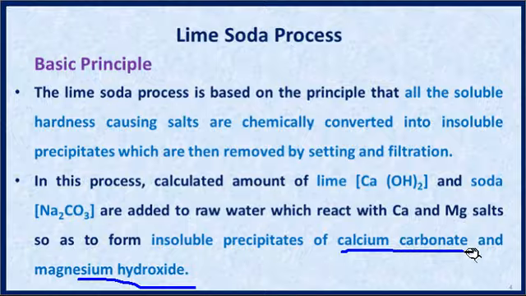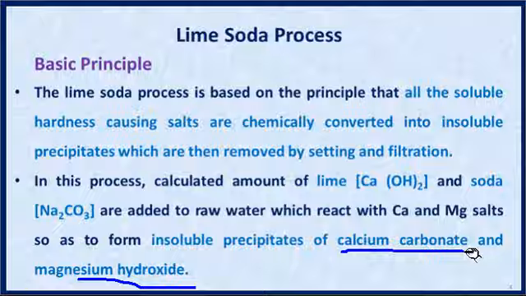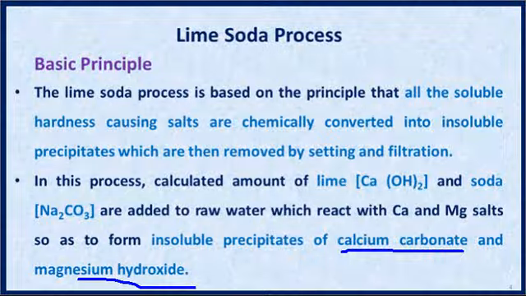So in this way, all the calcium and magnesium salts are converted into their most insoluble form. That is why they are precipitated and further removed by the filtration process. In this way, all the hardness causing salts are removed from the hard water.